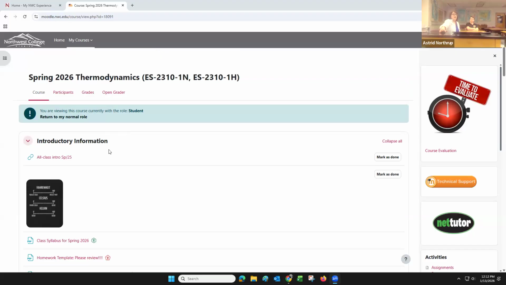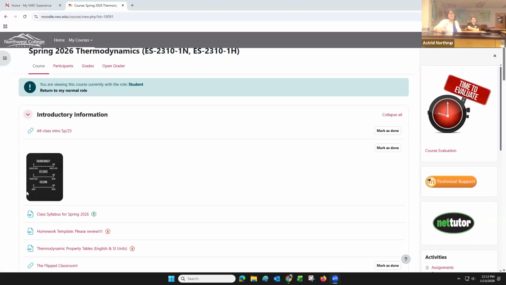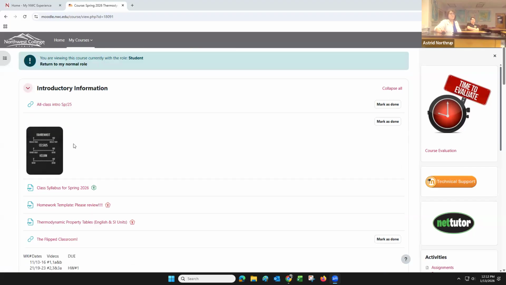So basically, I'm going to replace this tab, the All Class Intro for Spring 25, with All Class Intro for Spring 26, which would be on my lecture today. And then I generally just put up little things that I find to be interesting about thermodynamics.